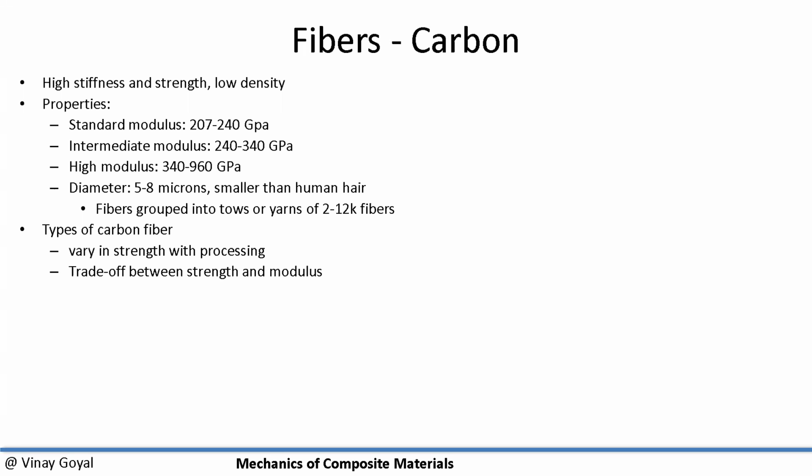Like ants. Have you seen ants carry very heavy weight? Well, when you put these fibers together, 2,000 of them, 12,000 of them together, that's going to provide the greatest strength in a particular tow system. Types of carbon fiber, it varies in strength with the processing, and there are trade offs of strength and modulus that need to be considered.